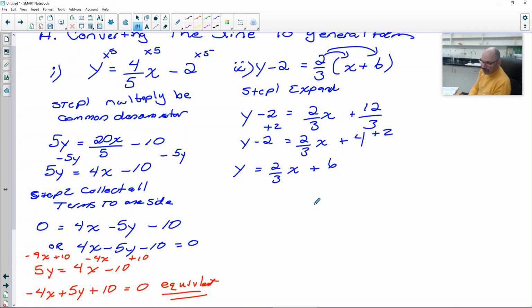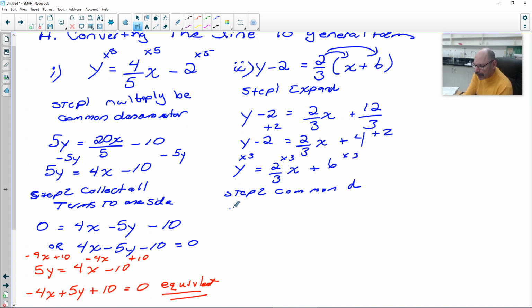Okay, so now you would do step 2, common denominator. So you're going to multiply by 3, multiply by 3, multiply by 3.